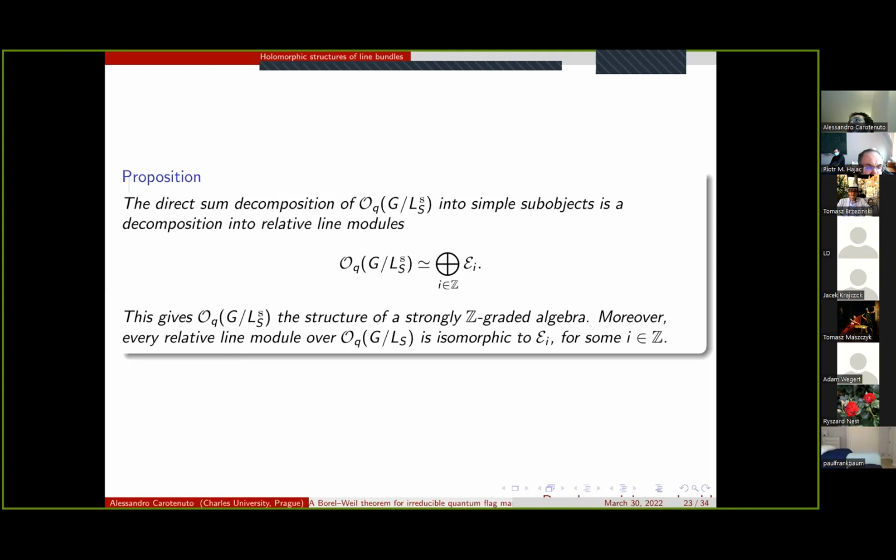I guess it's just asking that if b is an element inside O_q(G/L_S) and a is an element inside the line module, then I can compute the O_q(G) coaction on b times a, and this is equal to the coproduct of b applied to the coaction, times the coaction applied on a.